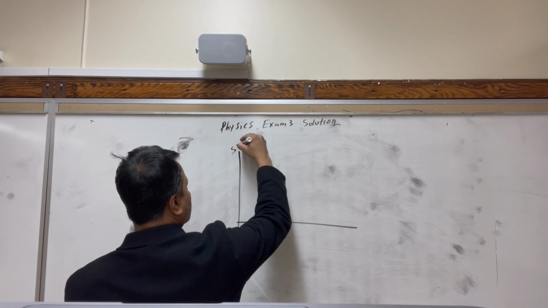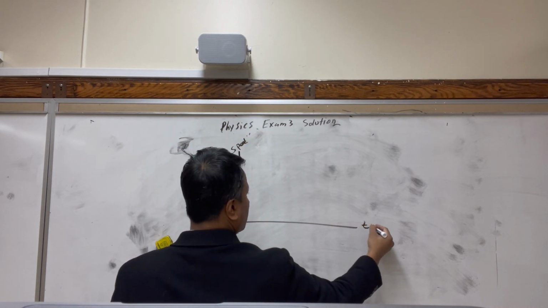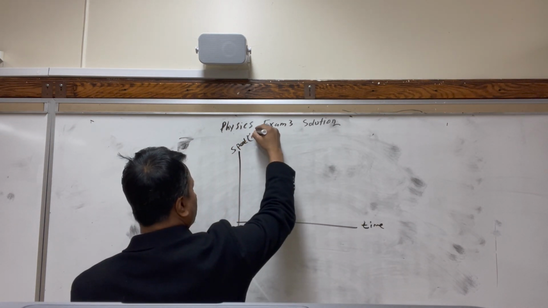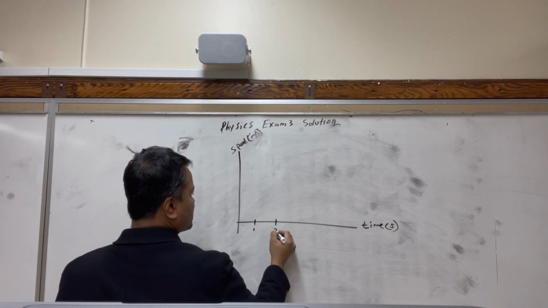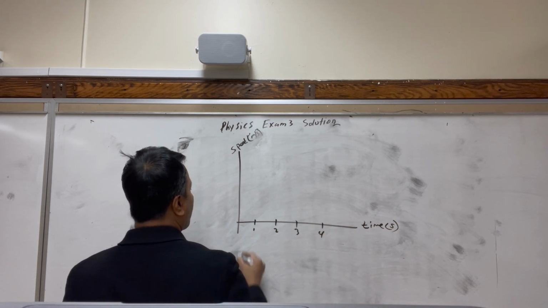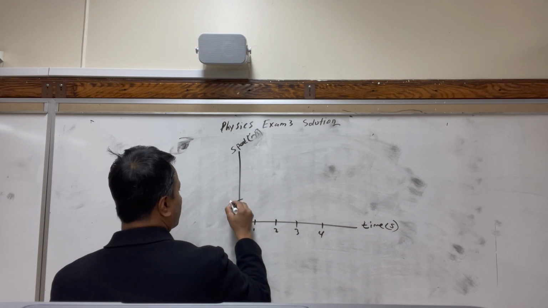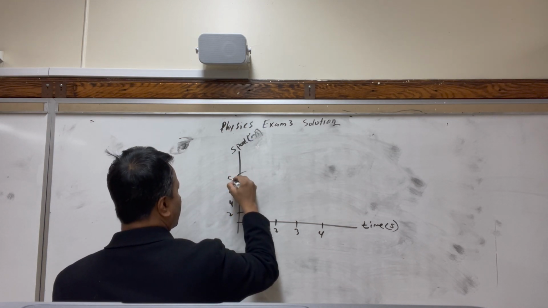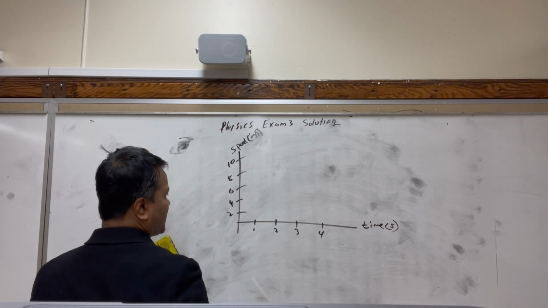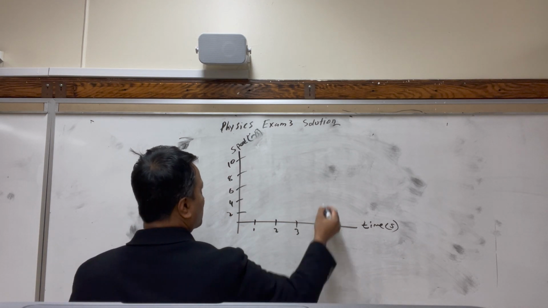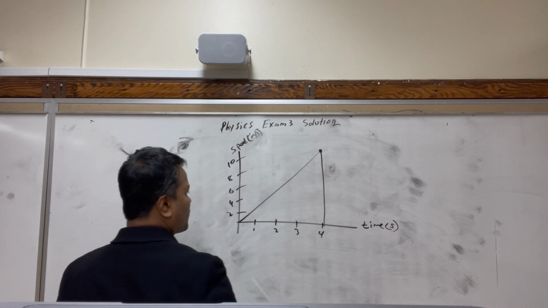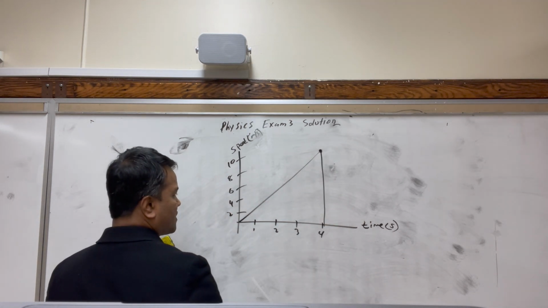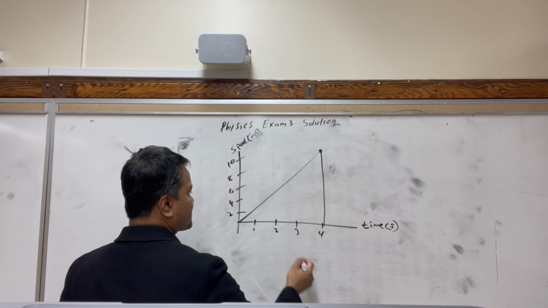Speed versus time. Speed in meter per second, time is in second. So what I have is 1, 2, 3, 4 seconds, and 2, 4, 6, 8, and 10 meter per second. So the object moved 4, 10. This is how much the object moves. So what I want you to find is the distance the object moves in the first 3 seconds.